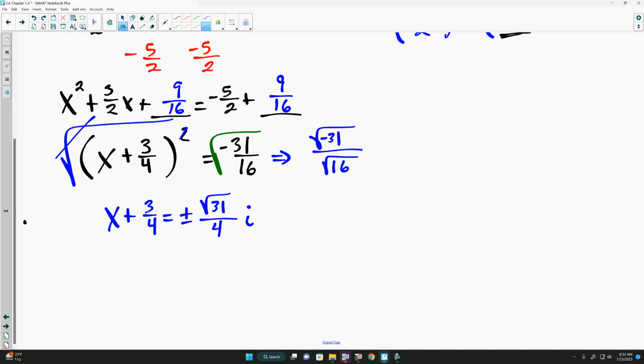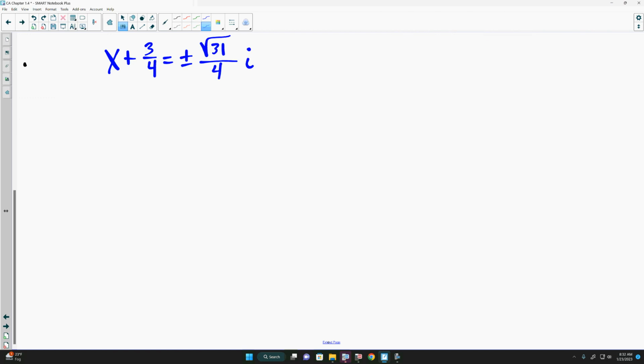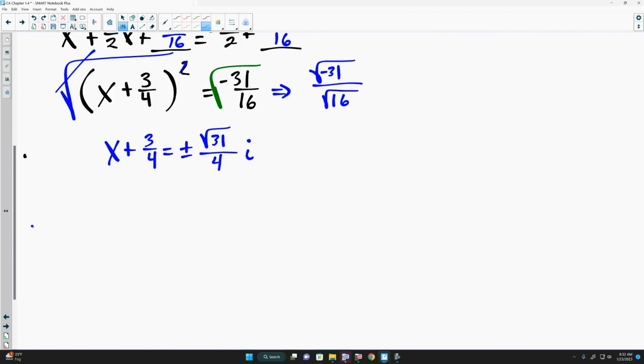So the square root of negative 31/16 is the square root of 31 over 4, times i. And last but not least, we need to subtract the 3/4 from both sides, telling us x is equal to negative 3/4 plus or minus the square root of 31 over 4 i.